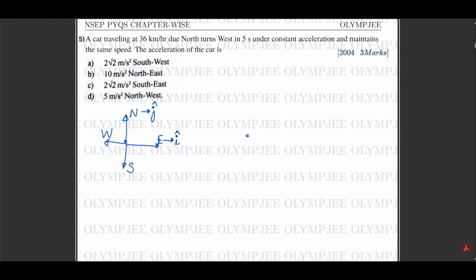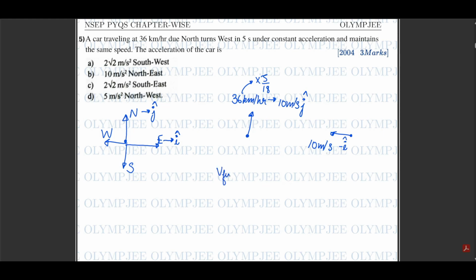Initially the car is moving with 36 kilometers per hour, which, if we multiply this by 5 by 18, gives us 10 meters per second in the j cap direction, and then it turns west. This is 10 meters per second in minus i cap. So we need to find the acceleration.